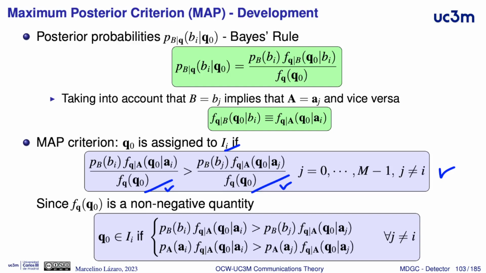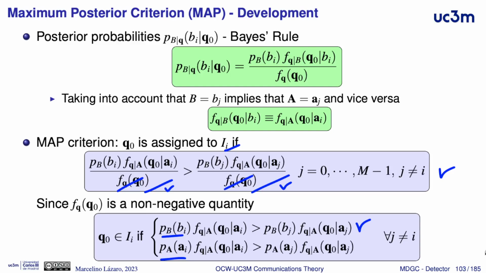In this comparison, the distribution of Q is a non-negative quantity. We can remove this term in the comparison, and here we have the final expression for the maximum a posteriori criterion, where the probability of BI can be replaced straightforwardly by the probability of the vector AI representing this symbol.